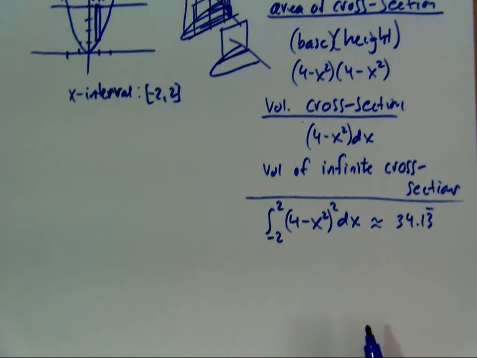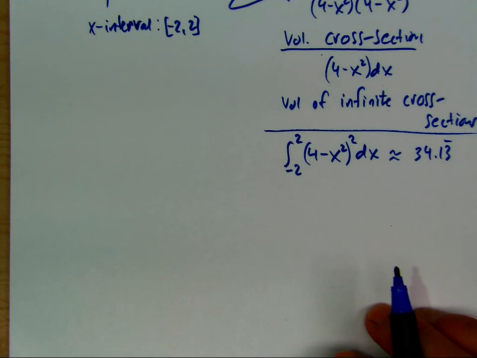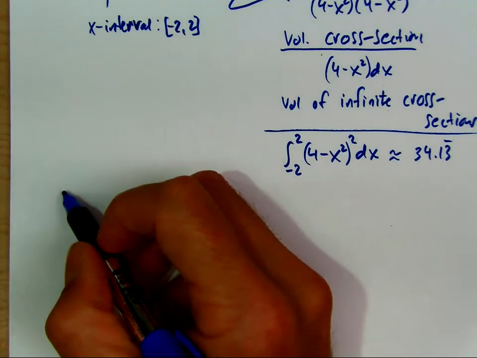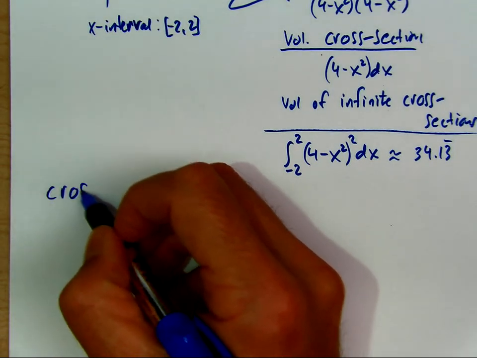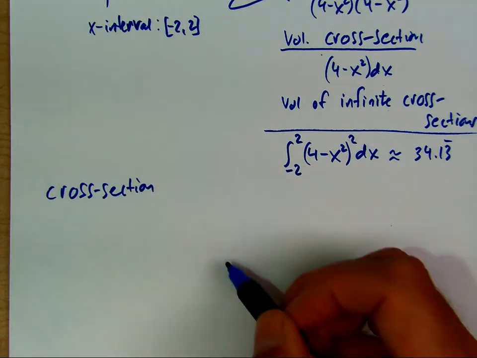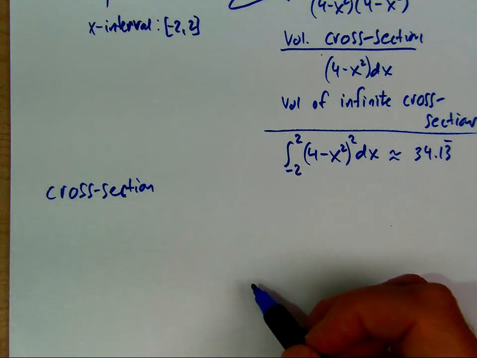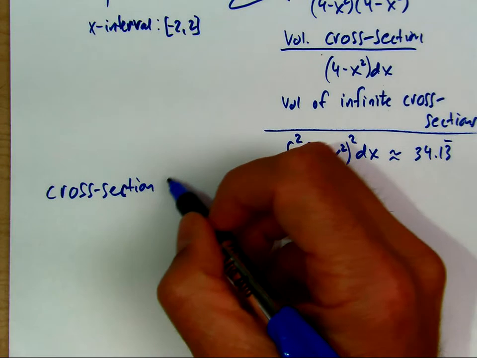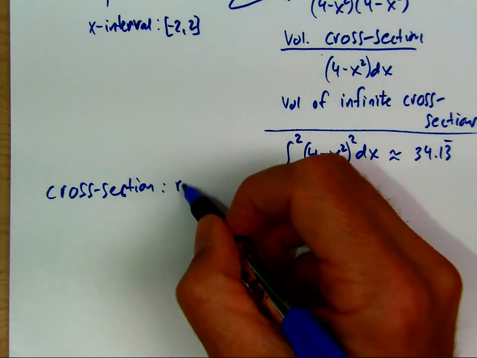All right. We can modify the shape of the cross section, or have a different shape of the cross section. So the cross section is a rectangle.